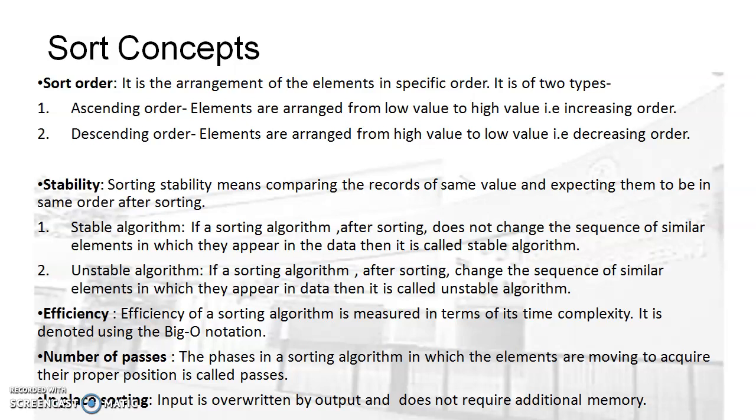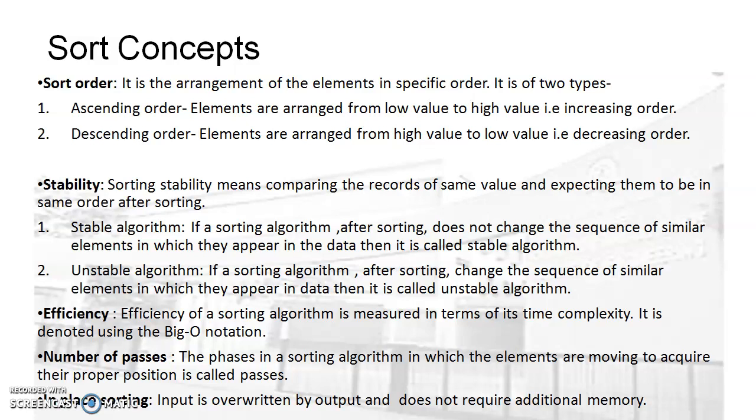Then there is a concept called efficiency of a sorting algorithm. It is measured in terms of its time complexity. It is denoted using the big O notation. Then there are the number of passes. The phases in the sorting algorithm in which the elements are moving to acquire their proper position are called passes.